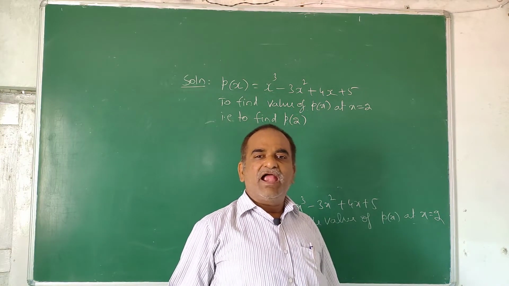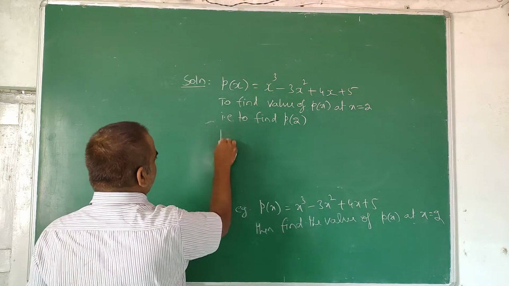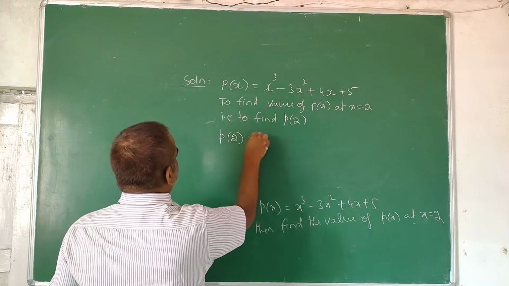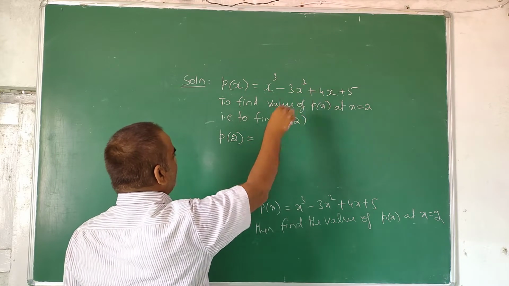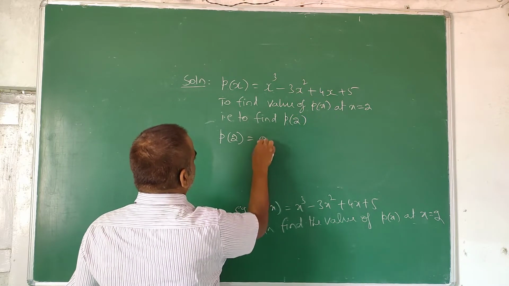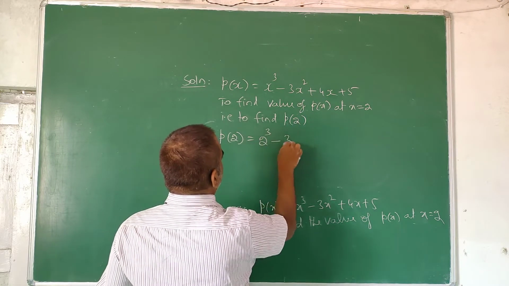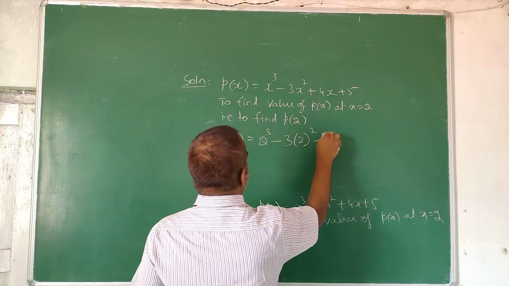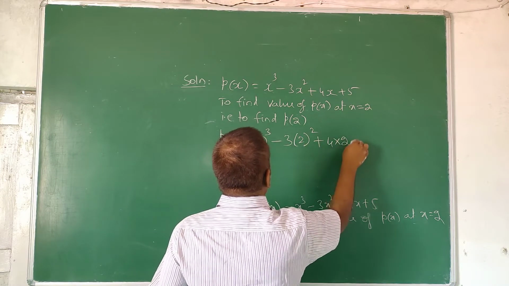So we need to find p of 2. How can you get it? You have to replace x everywhere with 2. So 2 cube minus 3 into 2 square plus 4 into 2 plus 5.